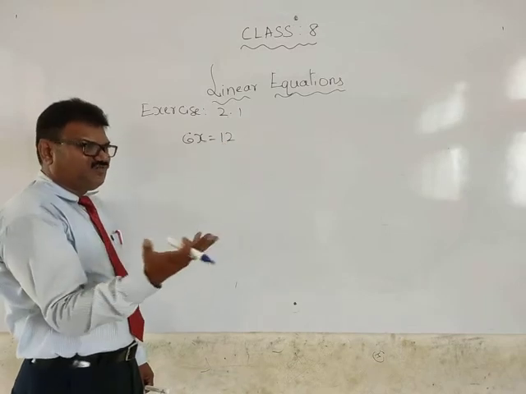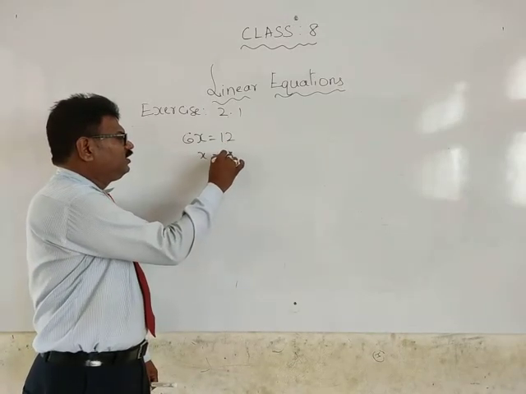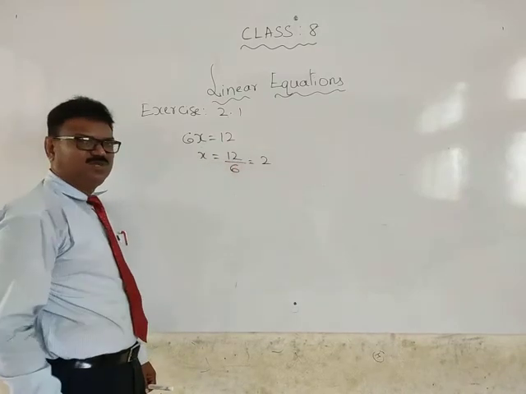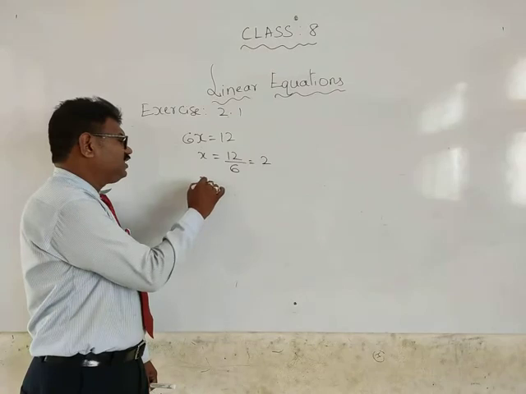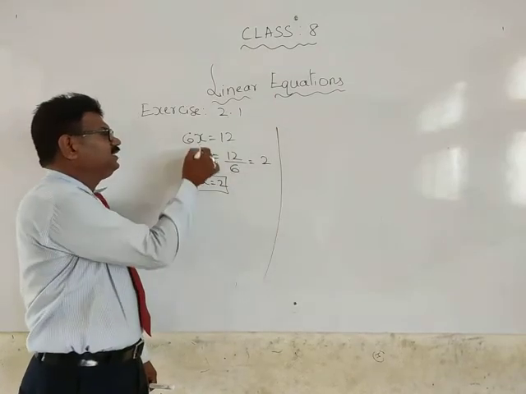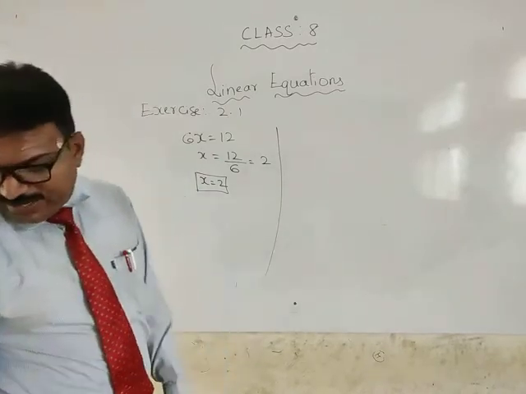Then what is the cost of 1 pen? x will be equal to 12 divided by 6, which is 2. Therefore, the cost of 1 pen is only 2 rupees. Then 6 pens will be 6 into 2, which is 12 only.